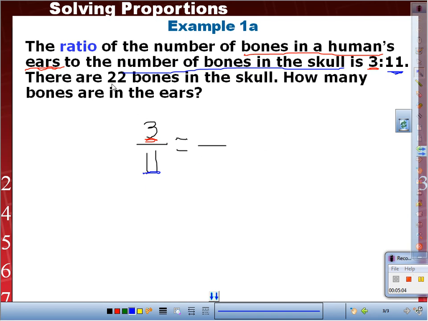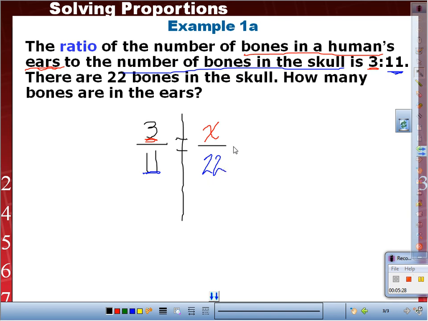Now let's fill in the other ratio. It says, there are 22 bones in the skull. So where should I put the 22? On the bottom. And they say, how many bones are there in the ear? Since we don't know, I'm going to label that X. Now check this out. If I was to do this like what we've been doing so far, line down the equal sign, here's the X. What is the 22 doing right now?